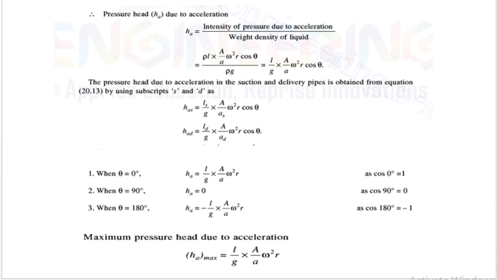So at the end of the suction stroke, the retarding head will act on the piston. So there is an accelerative head at starting of the stroke and the retarding head at end of any stroke. So this accelerative and retarding head will change the pressure of the liquid inside the cylinder. Maximum pressure head due to acceleration is L by G, capital A by a omega square R.